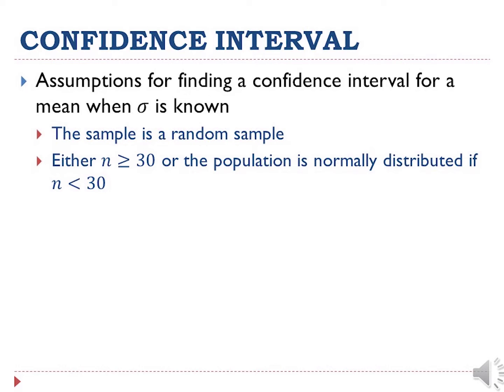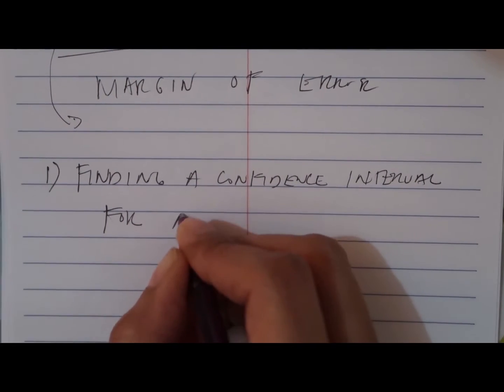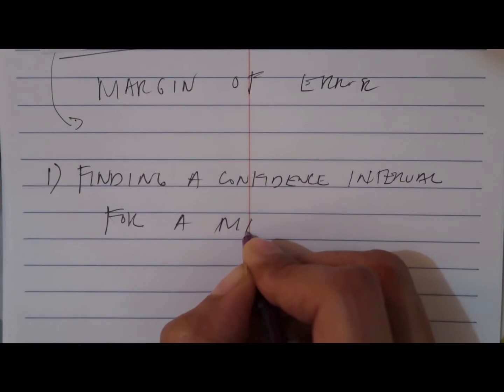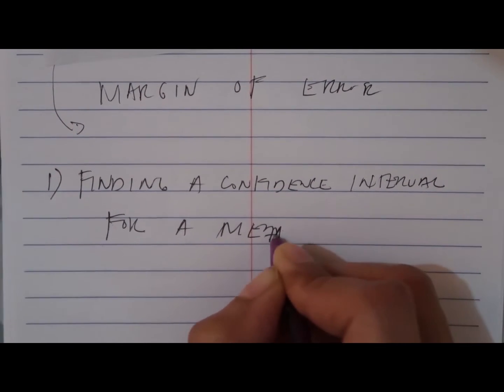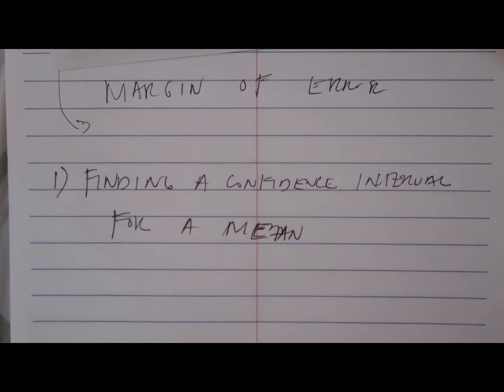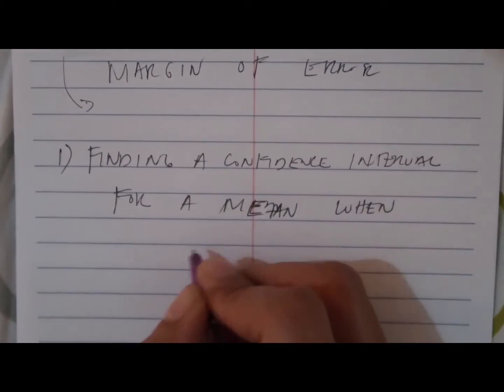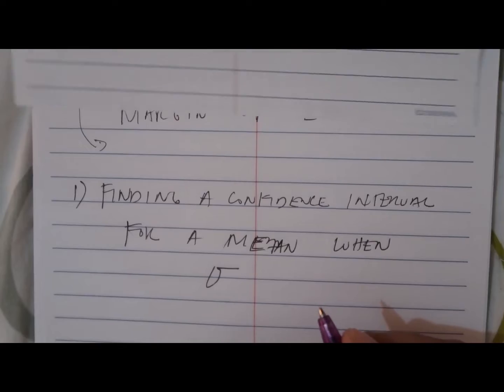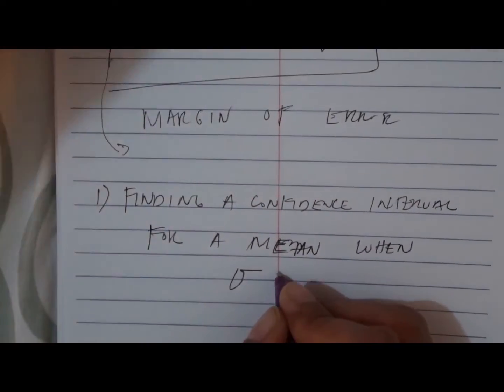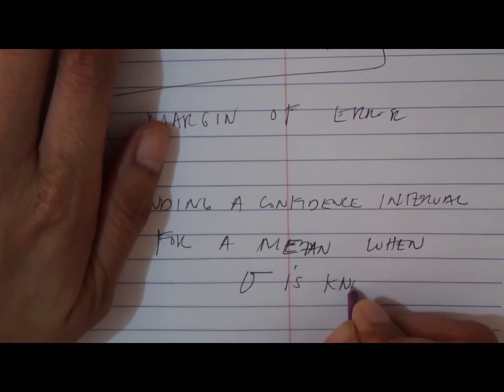Finding a confidence interval. So this is the first condition for a mean when the standard deviation, or sigma, is known.